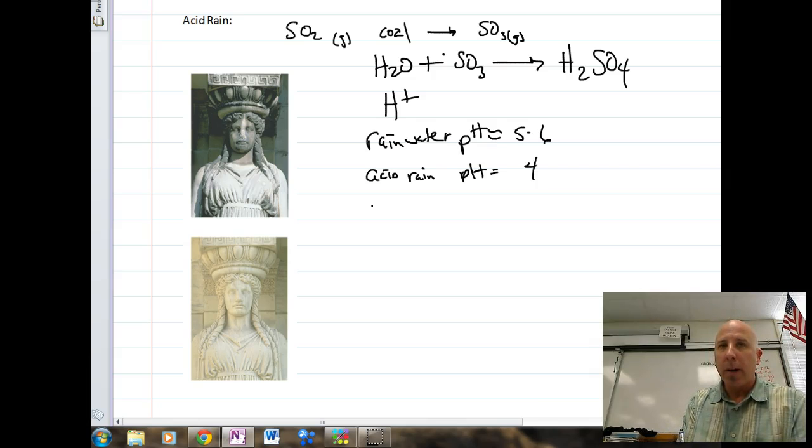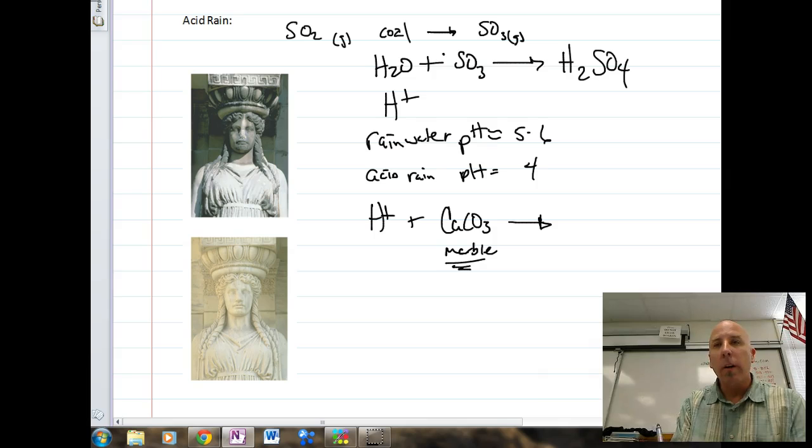And that can have some pretty damaging effects on a whole lot of things, including statues, as we see here. The chemistry behind it is we have this hydrogen ion reacting with calcium carbonate, which is marble. It's just a double replacement reaction. We're going to get the calcium ions in an aqueous solution. We're also going to get carbon dioxide, and we're going to get water.